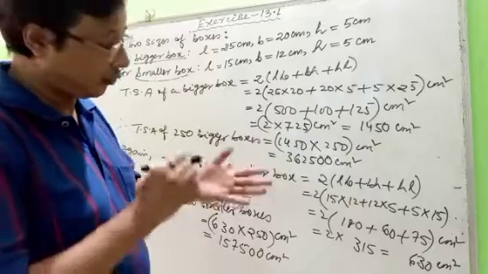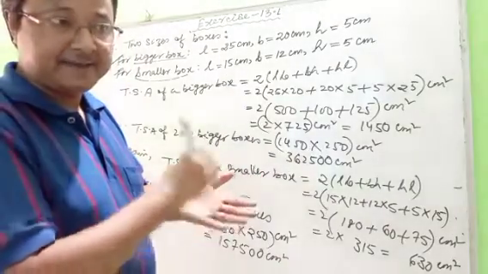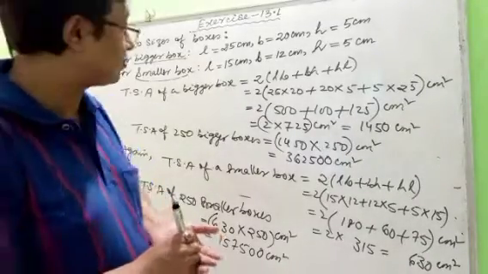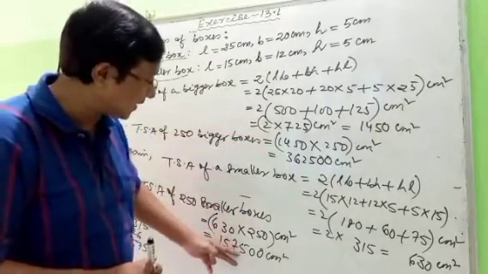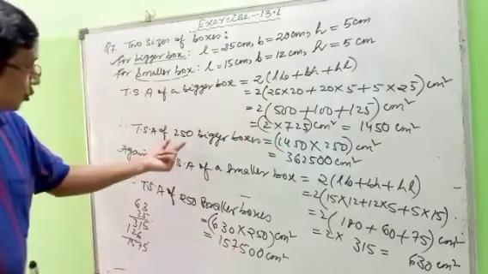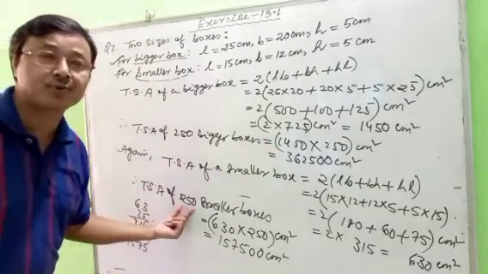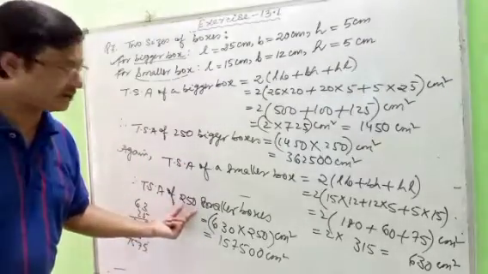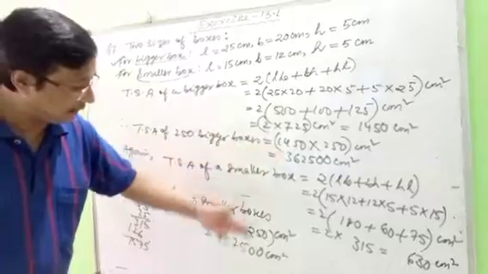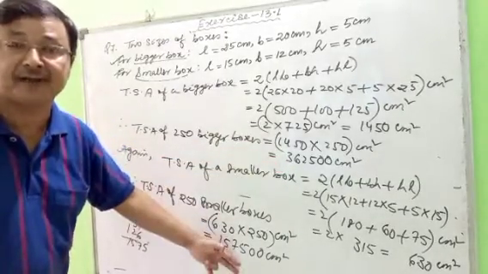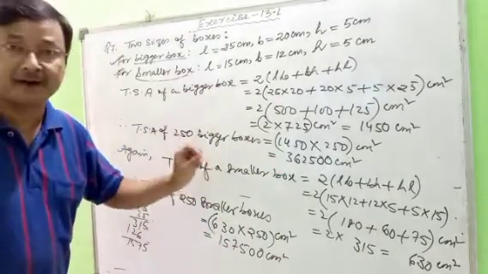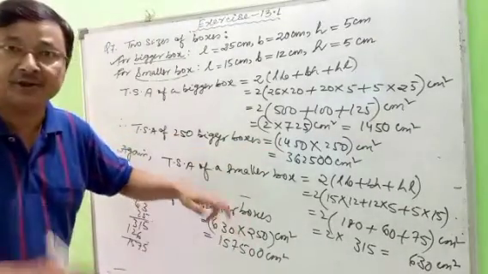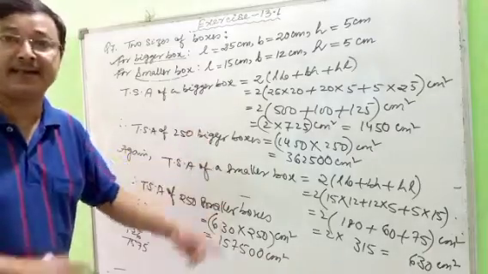From this total of 500 boxes, 250 plus 250, you are going to find the extra area of cardboard, which will be 5% of their total. Then you are going to add it, and then find the cost.